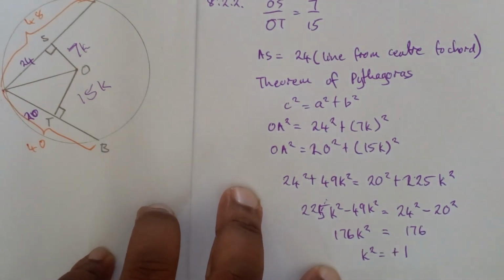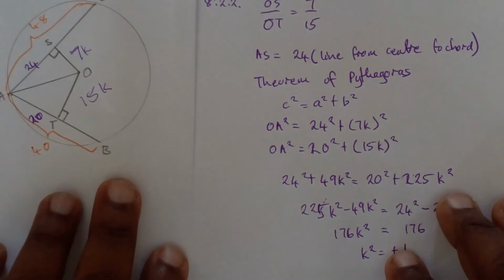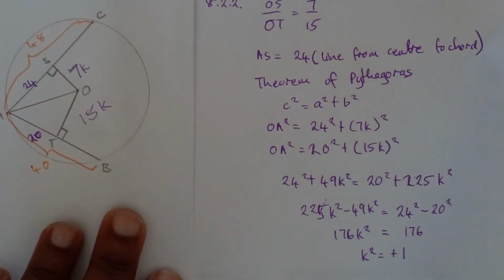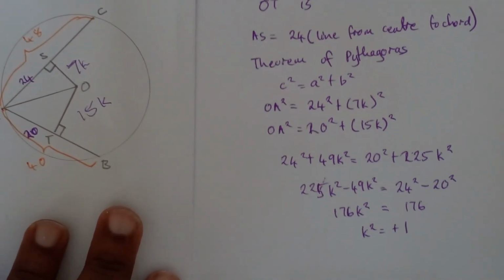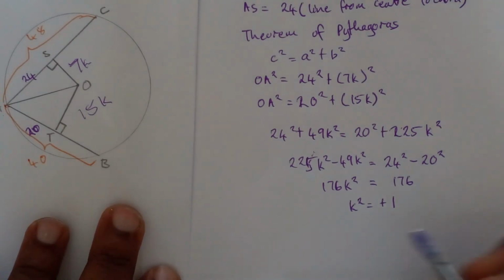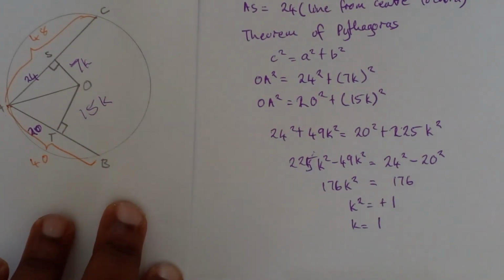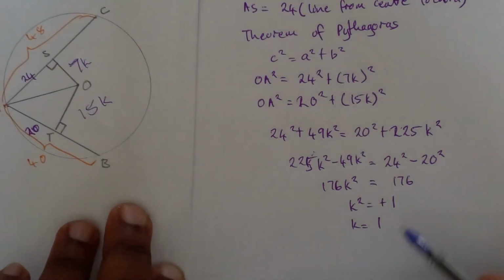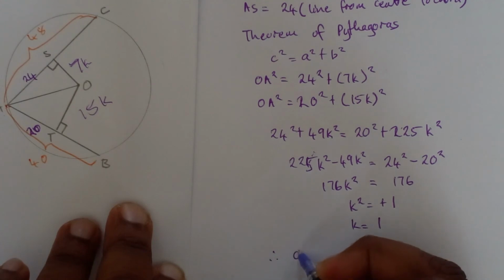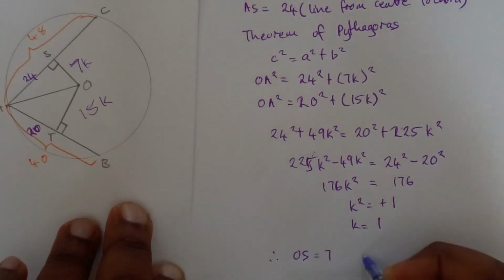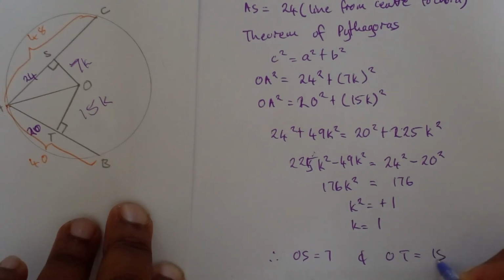Remember, we're dealing with sides of a triangle, so they can't be negative, so it's obviously just positive 1. So k is equal to 1. What does that mean? OS is equal to 7 and OT is equal to 15.